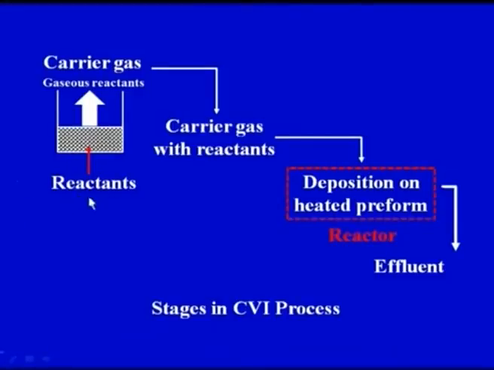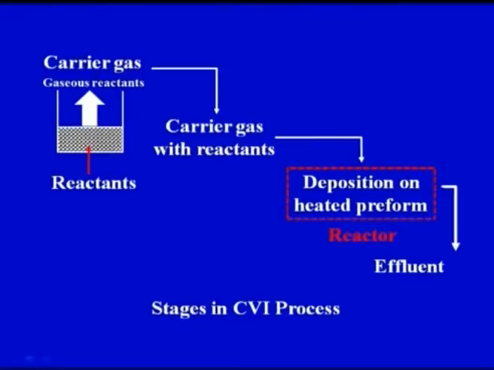The reactants will react and they will produce the gaseous reactants, and these gaseous reactants will be carried by the carrier gas. So basically, first of all, we have to produce the gaseous reactants, and the gaseous reactants get produced from the solid or the liquid reactants.